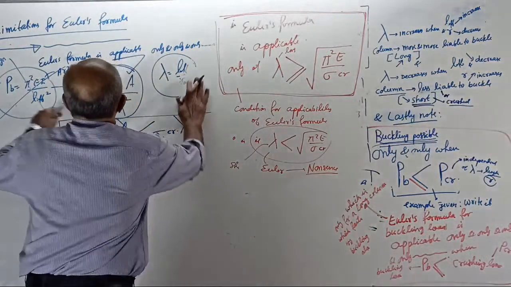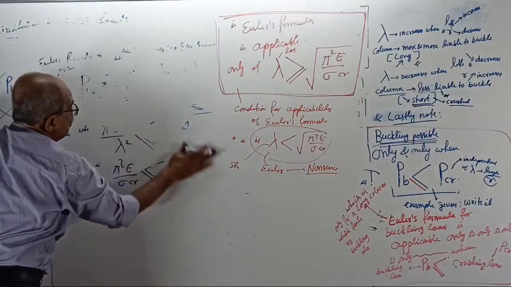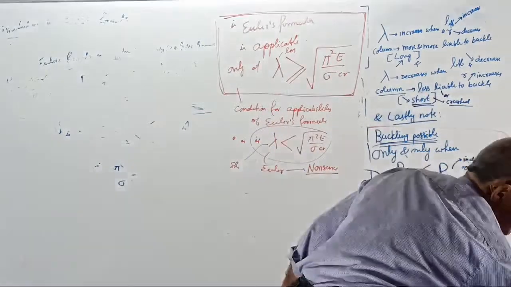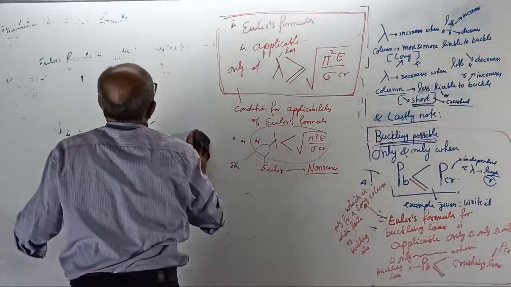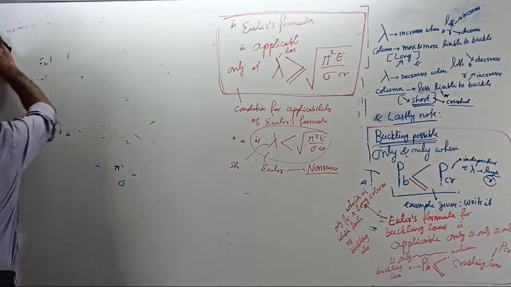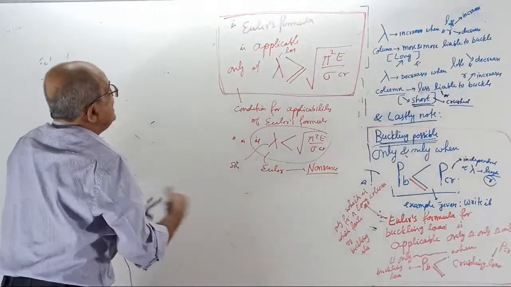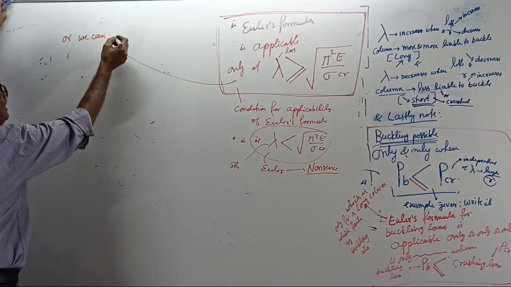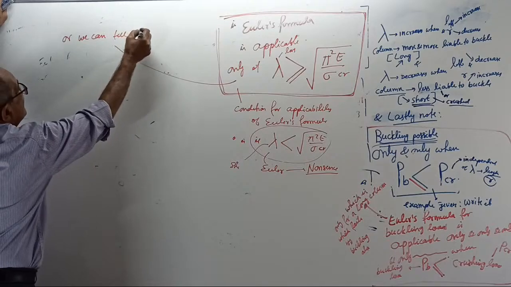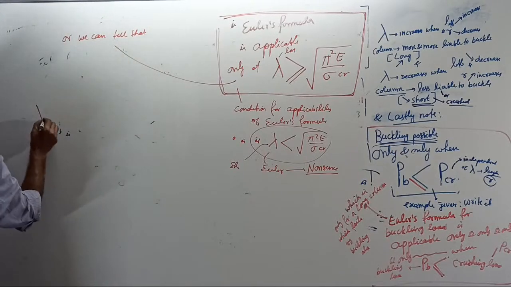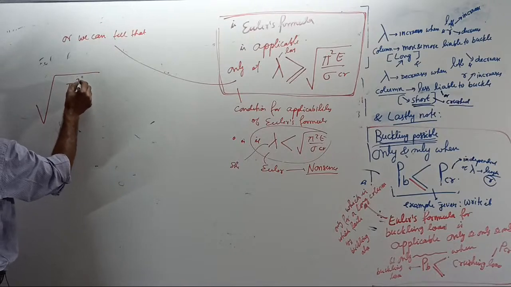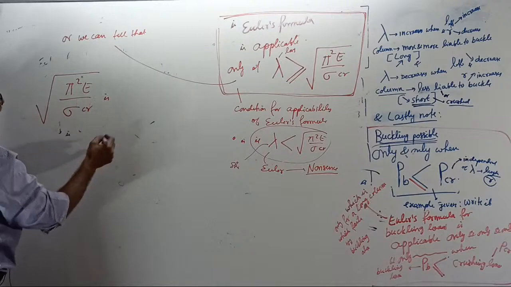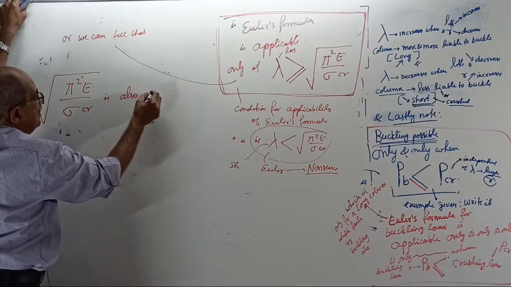Okay. Now, using this statement, see now, one small confusion. Let me see how many will answer correctly. If it is an offline class, I enjoy this statement. See, by seeing this statement, we can tell that square root of pi square E by sigma CR is also called, tell what?